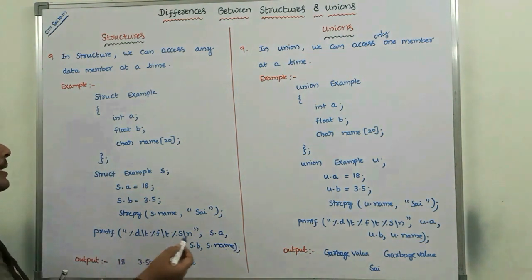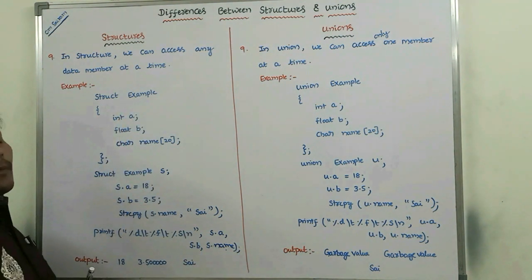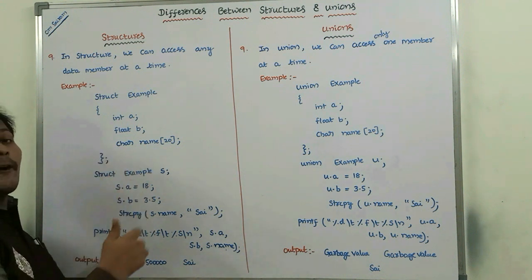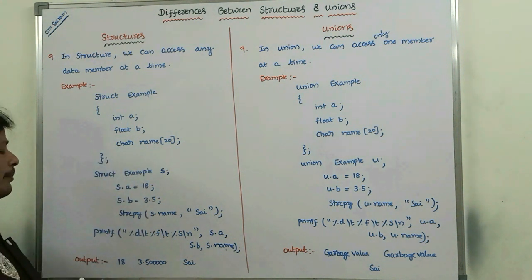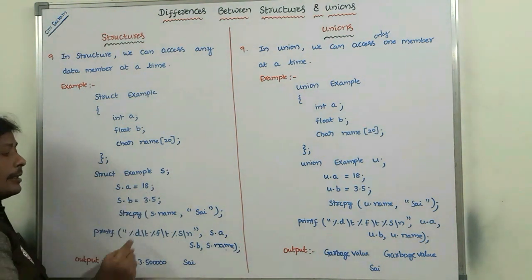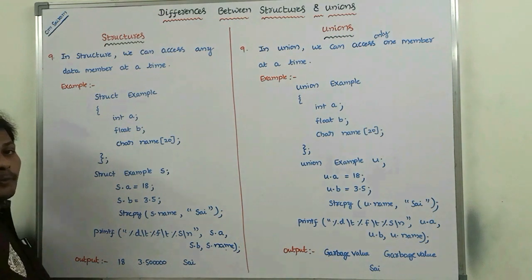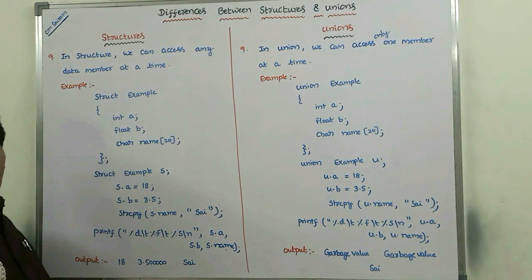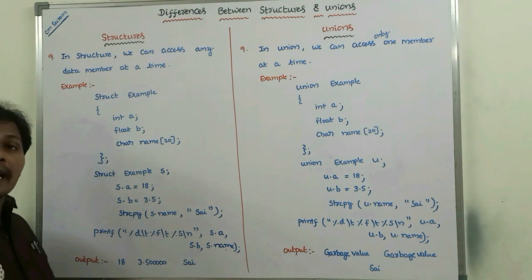We are accessing all the data members of the structure at a time, so those values are printed correctly: 18, 3.5, Sai.